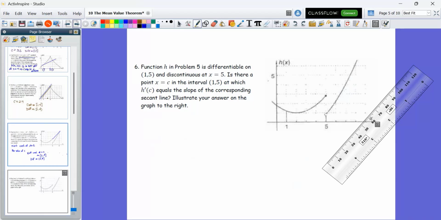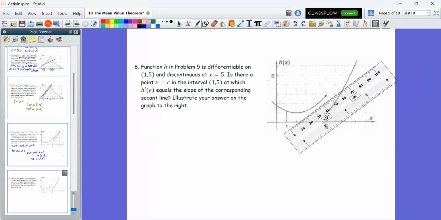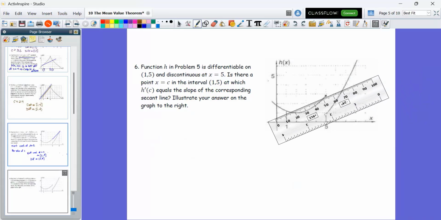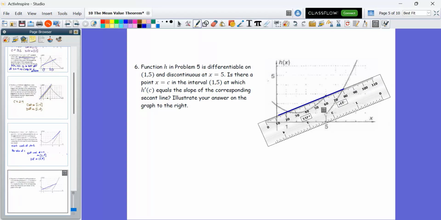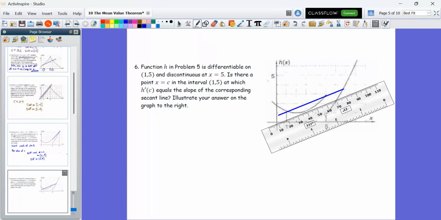Same graph, only this time we're going to look at the interval from 1 to 5. And again, we're going to draw our secant line from where x is 1 to where x is 5. And then we're going to slide it to try to find a parallel tangent line.